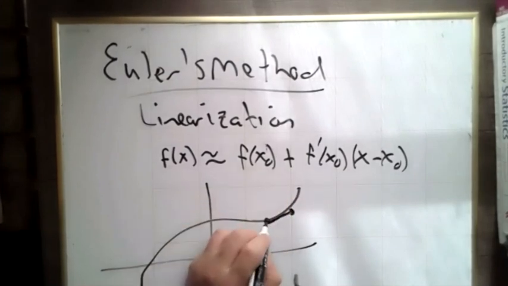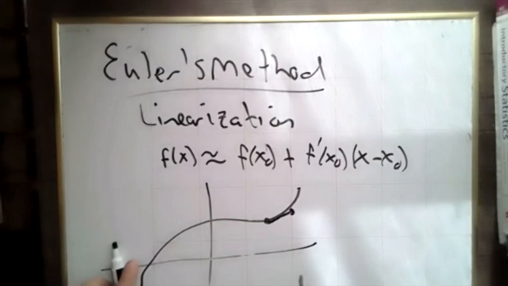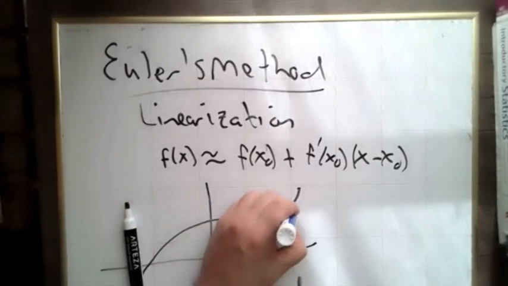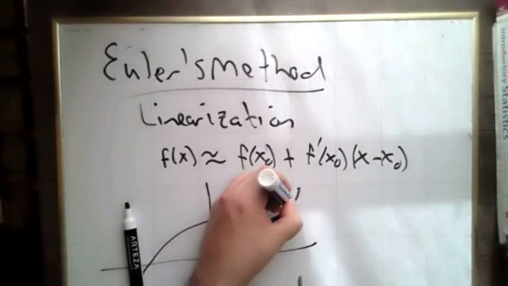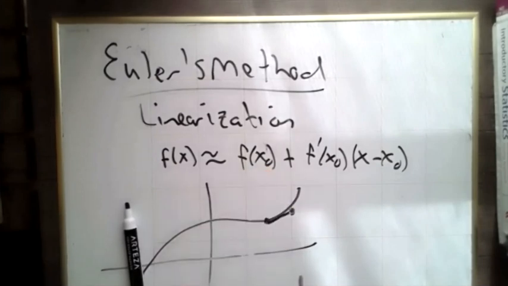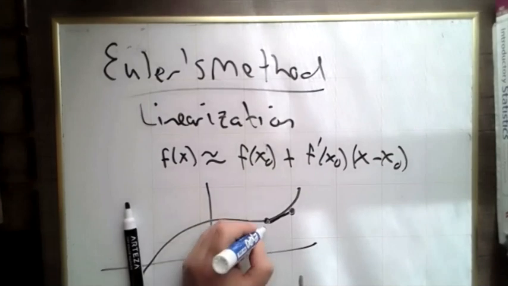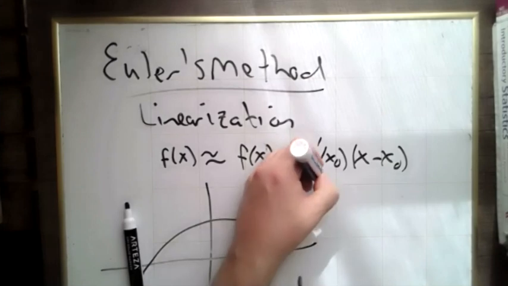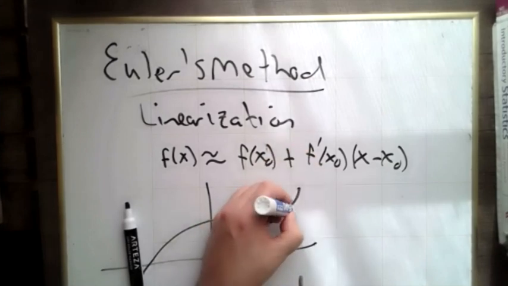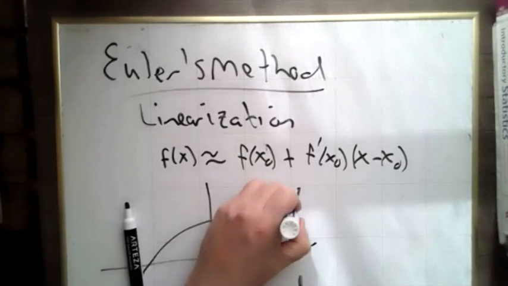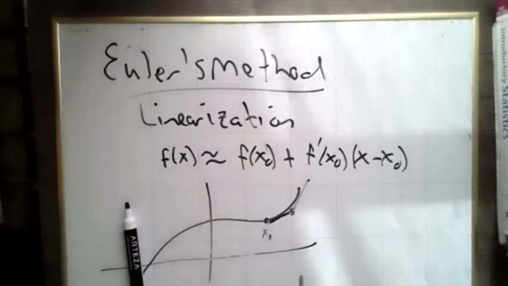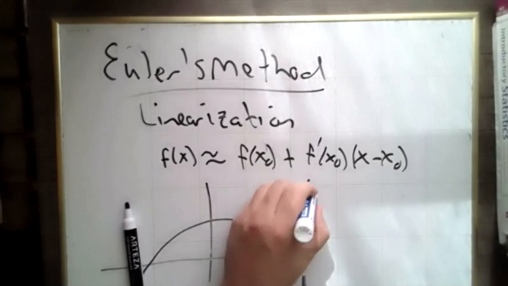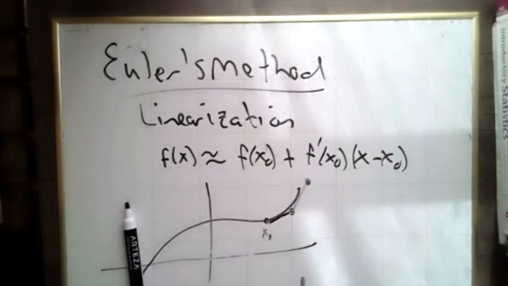I'm going to then move over and up that amount and say that that function value is quite near the point on the line that's tangent here. Here's my x naught. And then we continue that process. We move on. It's an iterative process. Now I use this as my new seed, my new starting point. I find the slope at that point, go over and up, and get a new point.